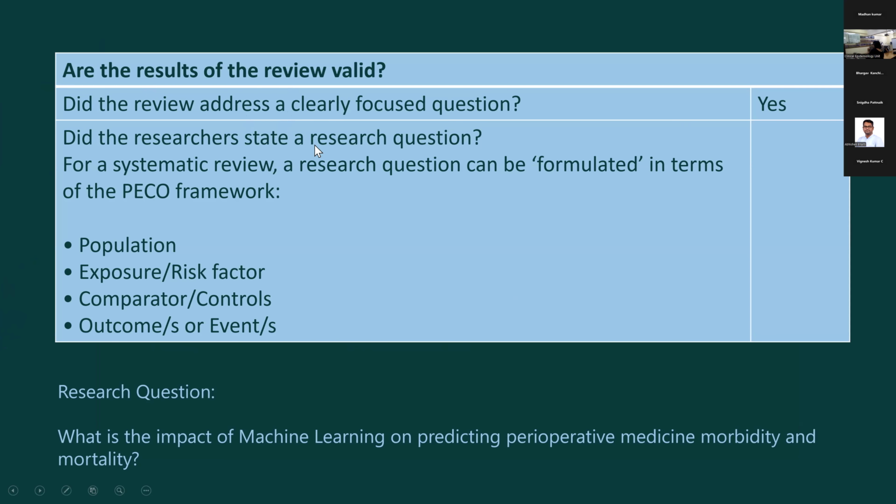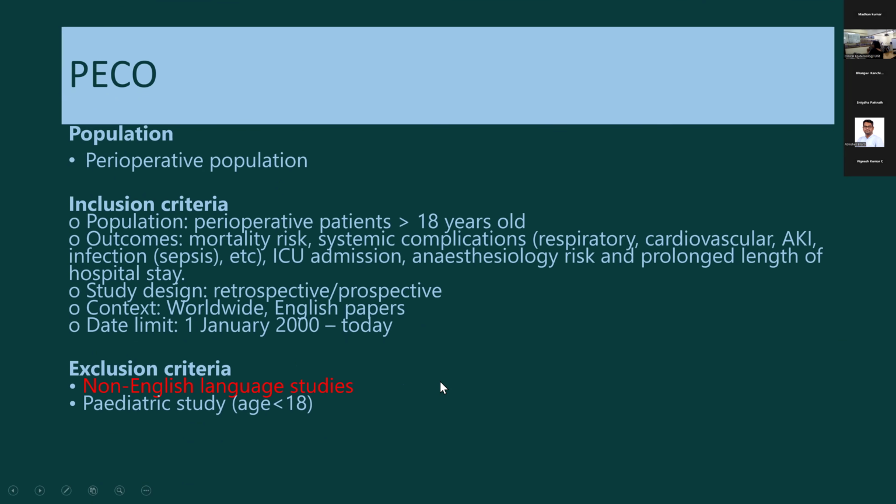Did the review address a clearly focused question? The research question here is: what is the impact of machine learning on predicting perioperative medicine morbidity and mortality? So the PICO statement: the population is the perioperative population.